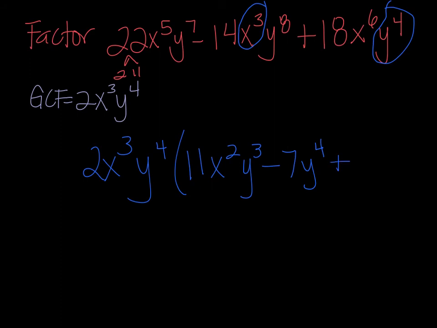And last, 2 times 9 equals 18. I need an x to the 6th power, so I need to add an additional x cubed here, because 3 plus 3 equals 6. And then I already have a y to the 4th on the outside, so that finishes my factored form with my GCF on the outside here, and the rest of the terms that need to be multiplied to equal our original values from our problem.